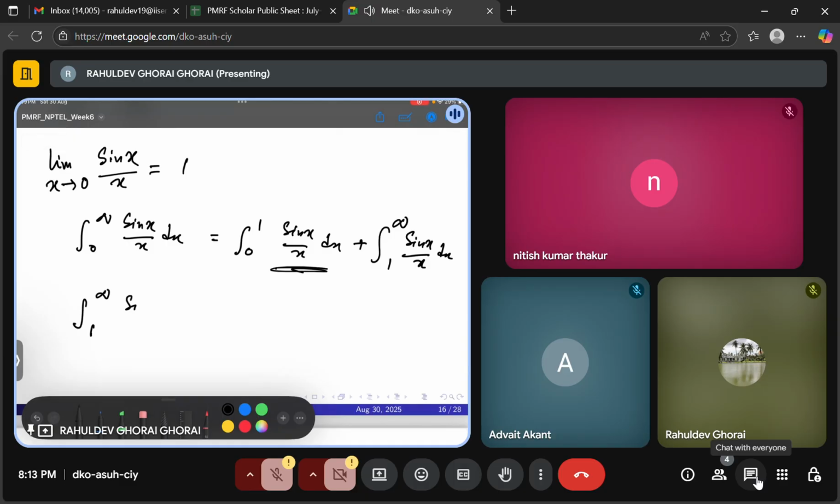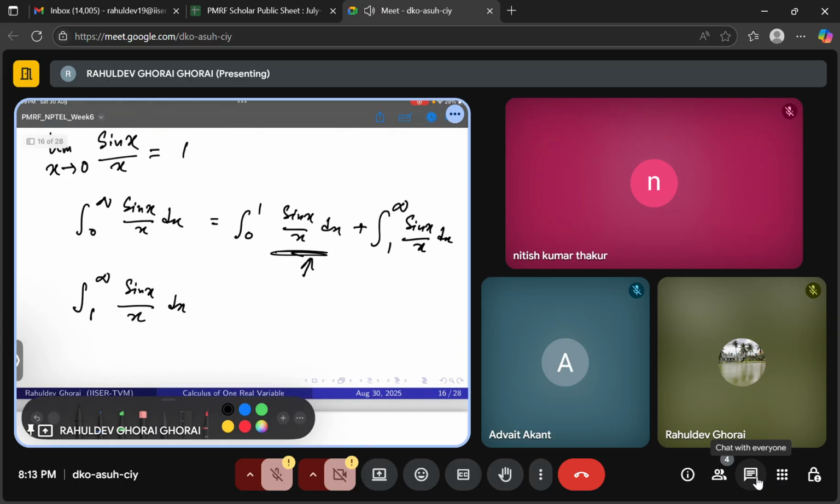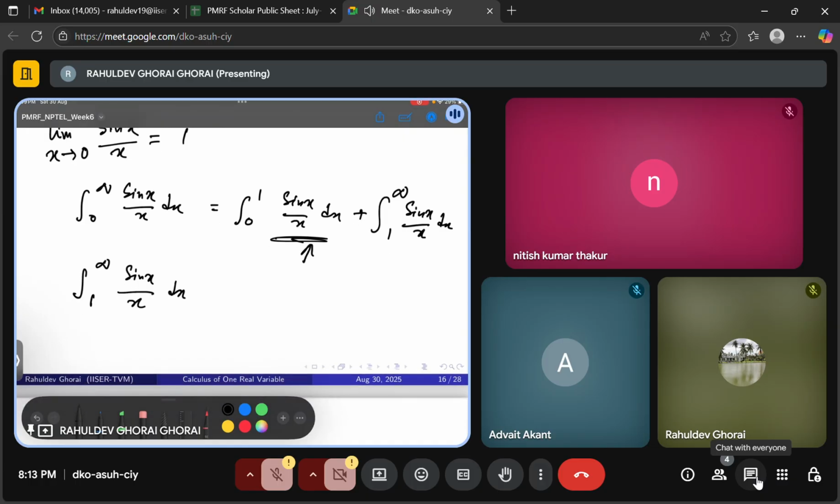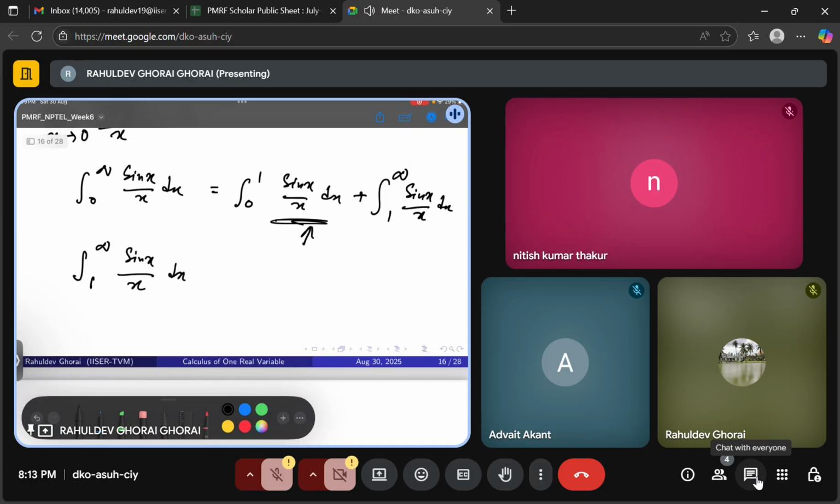So now we need to find out whether it is convergent or not. The first part is a proper integral. But what do you know about the integral from 1 to infinity of sin x over x dx? How do you check whether it converges or diverges?